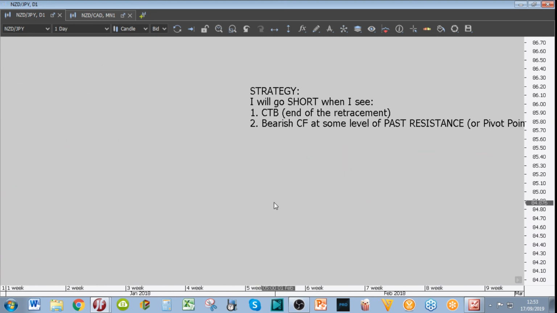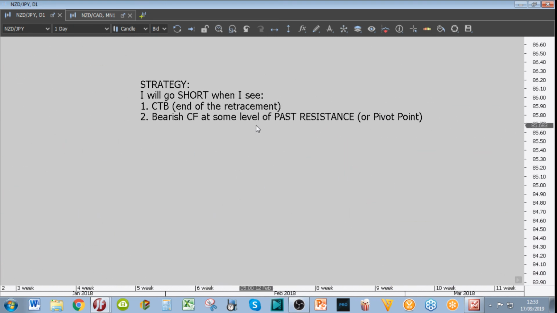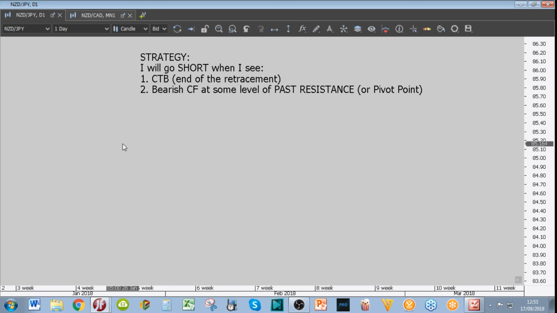So, strategy: I will go short when I see a counter trend line break, end of the retracement, bearish candlestick formation at some level of past resistance or pivot point, right?